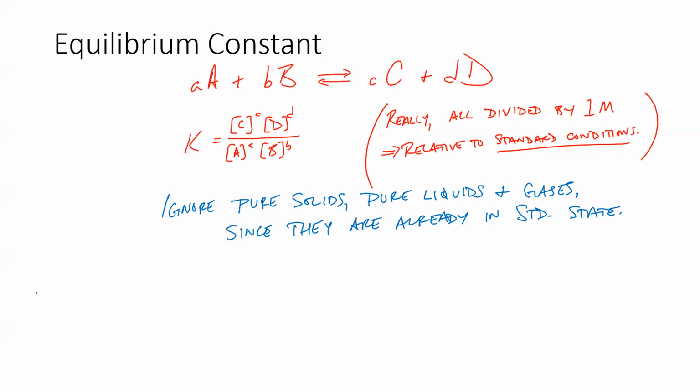All right, so what would happen if we change the direction of the reaction? We said C plus D gave us A plus B. What would happen to K?